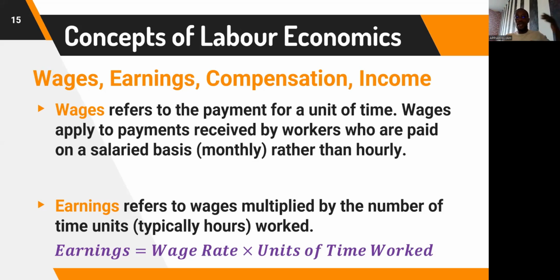If the wage per hour is maybe $15, it's going to be $15 times the 80 hours. So the wage rate times the unit of time worked gives you the earnings for the month, for a week, for any period.